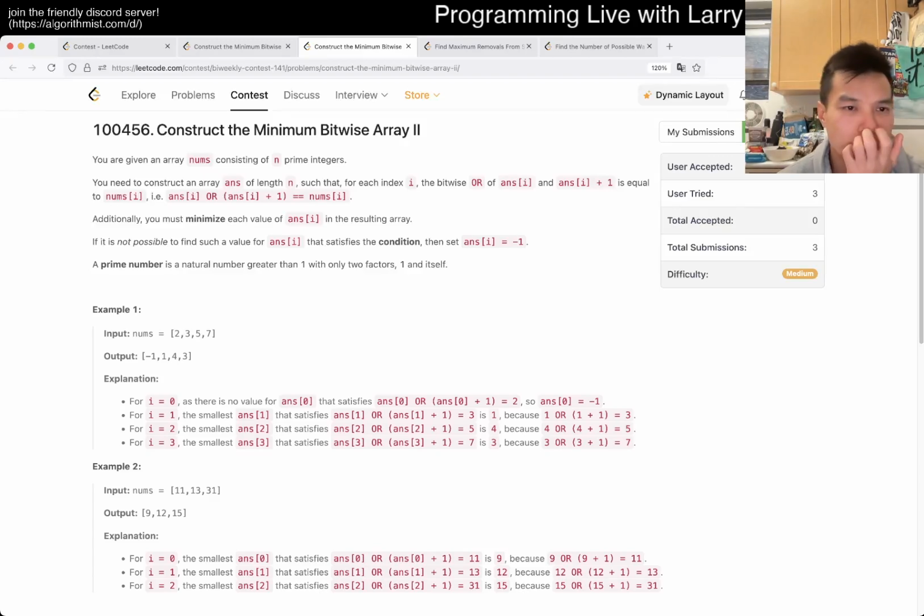What does it mean that it is a prime number? 3 is 1, 5 is 4, 7 is 3. Why is 7 3?